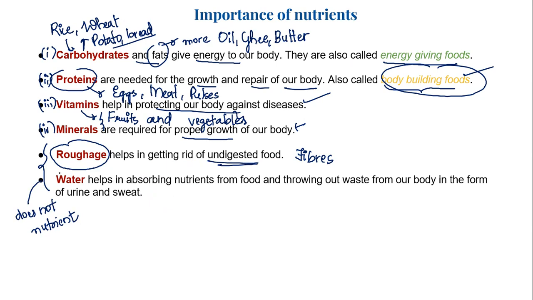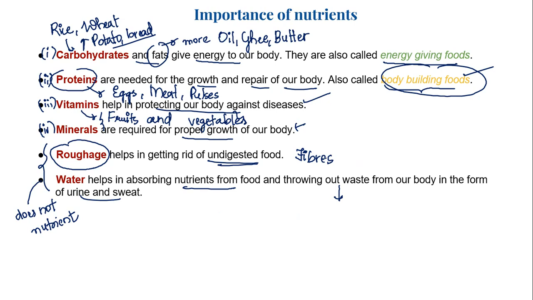And the water is going to help in absorbing the nutrients that are there in the food and also throwing out the waste from our body in the form of urine and sweat. So this is basically about the components of the food.